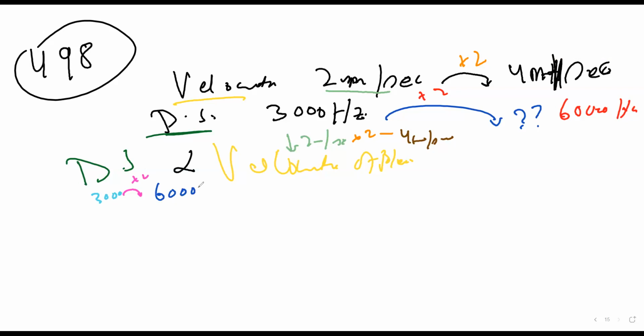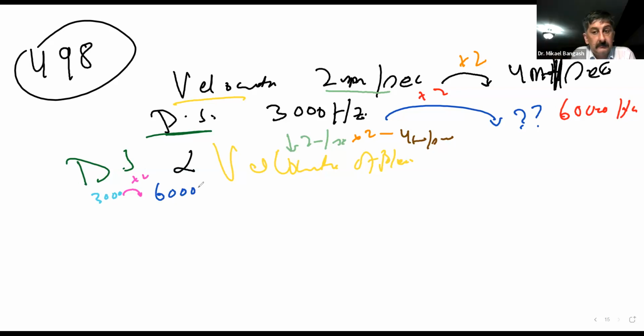Good. Now, if you went in the opposite direction, say the Doppler shift was 3000 at a 4 meters per second velocity. But then this Doppler shift went from 3,000 to, let's say, 1,500. What most likely happened to the speed?